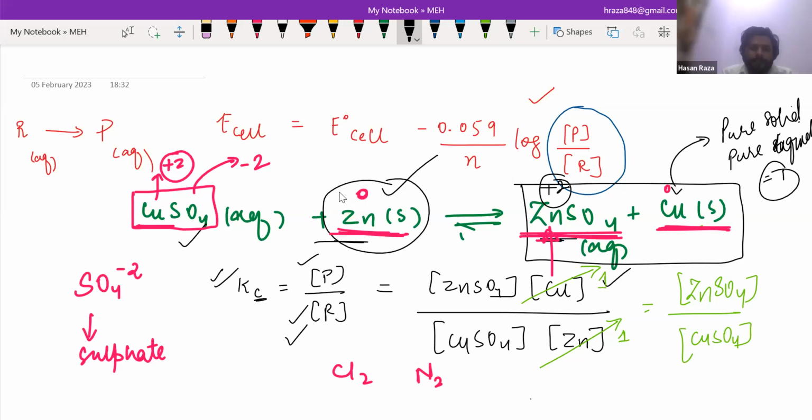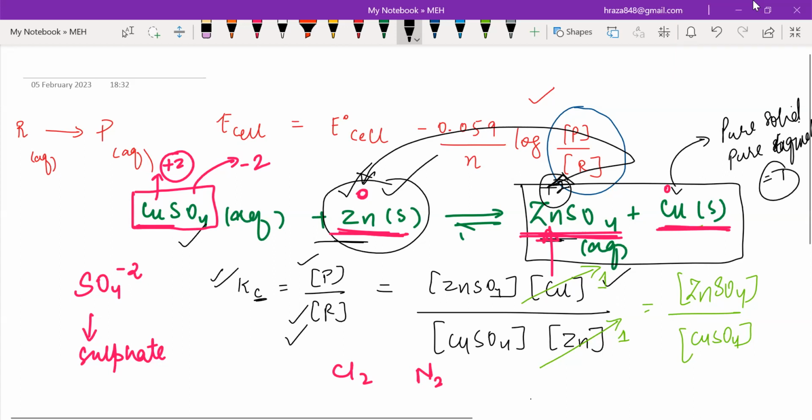Now, see, zinc is varying from 0 to plus 2, right? If some element is going from 0 to plus 2, what does this mean to you? Can you tell? Loss or gain of electron?